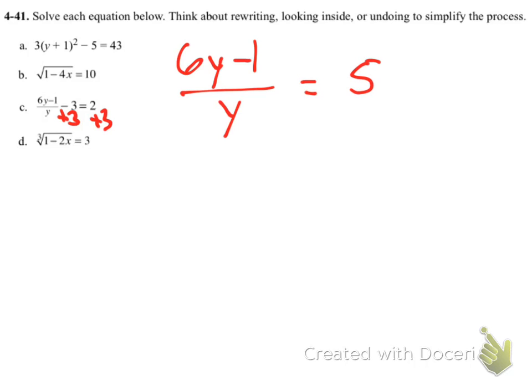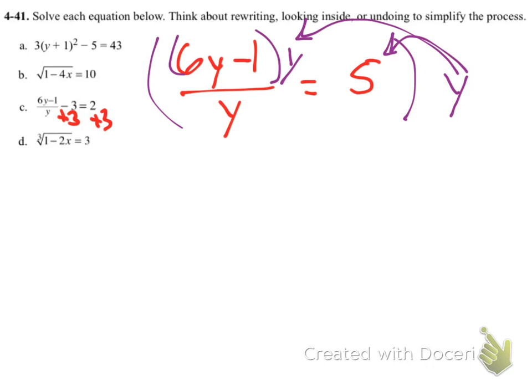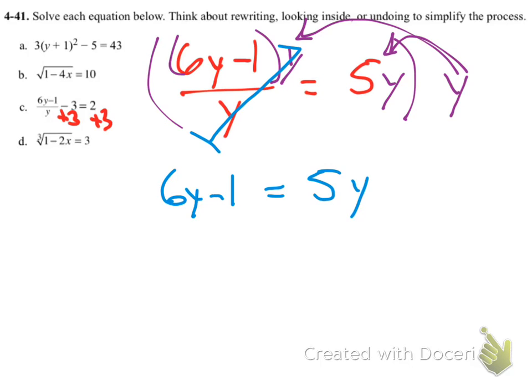Now when I use my fraction busters, I multiply the entire thing by y. So that means I distribute the y to the numerator here, and I distribute the y right here. Now when I do that, y divided by y makes my giant 1, and I'm left with 6y minus 1 equals 5y. Much easier problem now that I no longer have fractions.